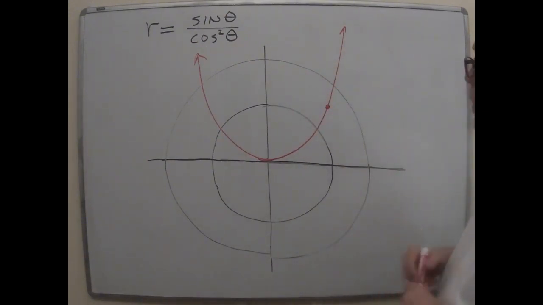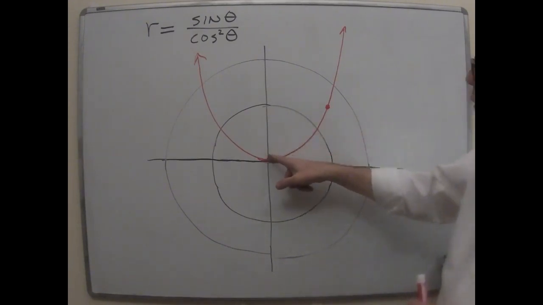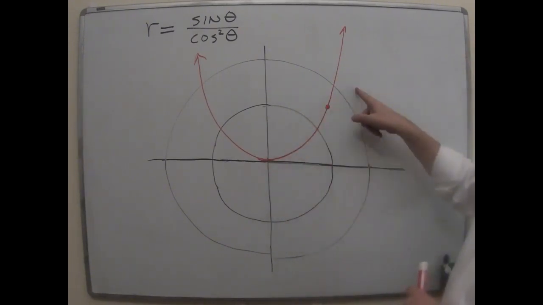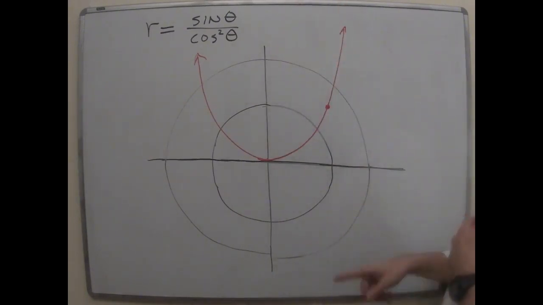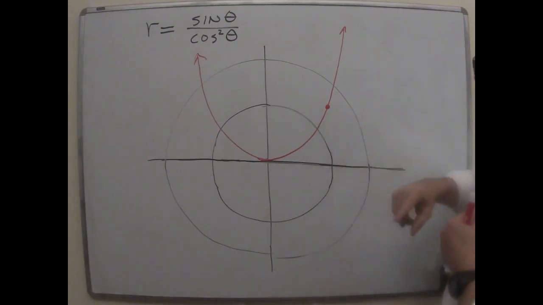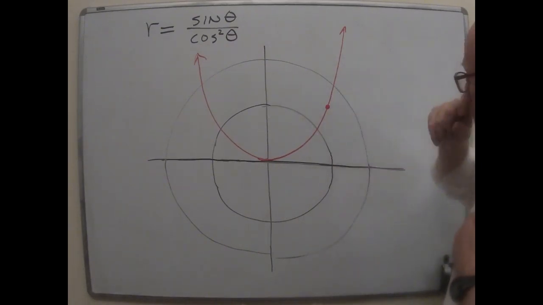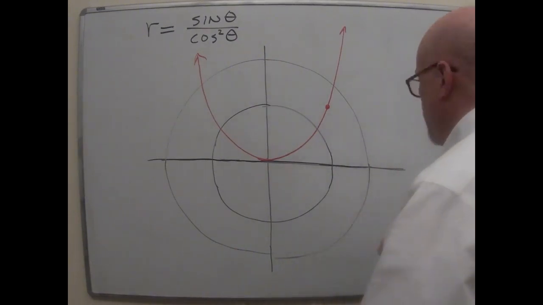And I'm going to call this point, theta is pi over 4, a 45-degree line outward this way, and r is sine of pi over 4 over cos squared pi over 4. But that's really 1, 1. So we know what the slope of the tangent line is there. It's a double of 1, it's 2. So great, that's something we can calculate.